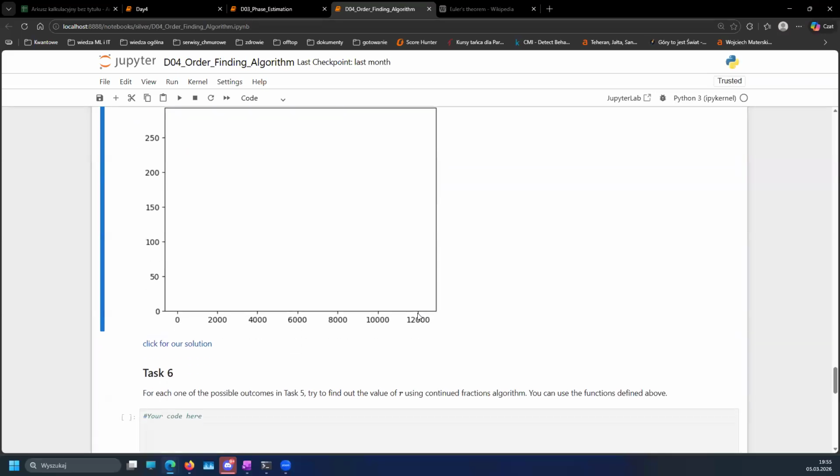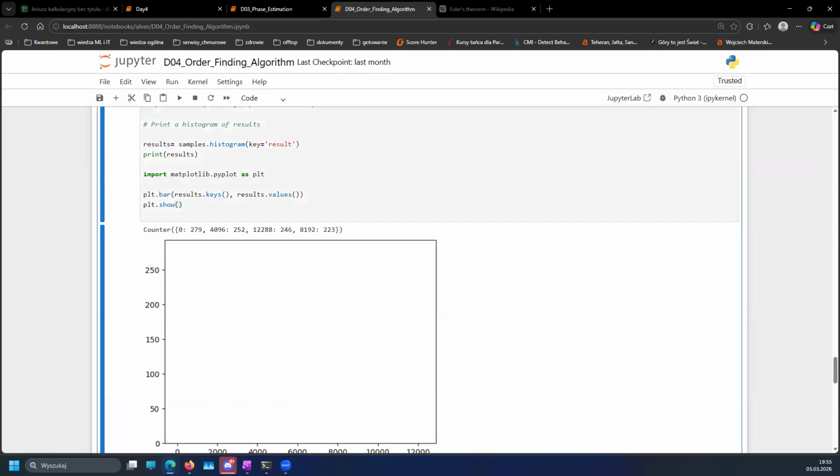I also wonder what's wrong with this. Bar, we have here bar, so maybe it should be, no, it should be a list indeed, I think. It was already written, so I think we need to correct it.